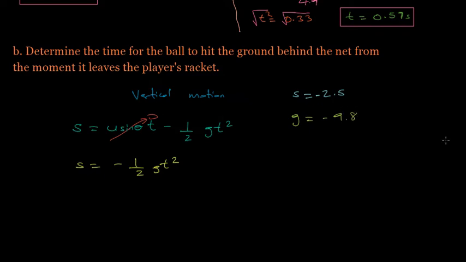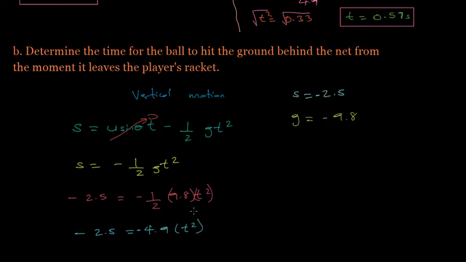So now, we're going to have minus 2.5 is equal to minus a half, g is 9.8, multiplied by t squared. So now, let's simplify. We have minus 2.5 is equal to half of 9.8, which is 4.9, and again minus, and we multiply by t squared.